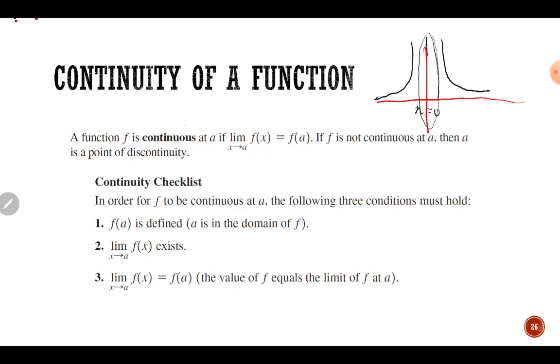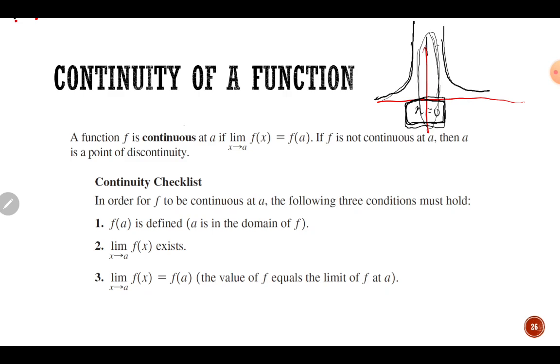Sebabnya the graph ni dekat sini tak ada apa-apa. Okay, it just goes up here, tapi kat sini dia tak ada graph defined over here. So at x equals to 0 also here is considered as a point of discontinuity. Boleh faham? Okay, kita tengok point x sebagai location where does discontinuity happen.